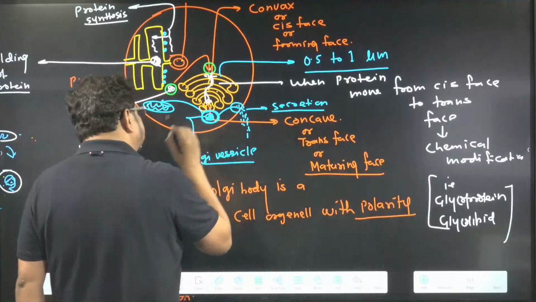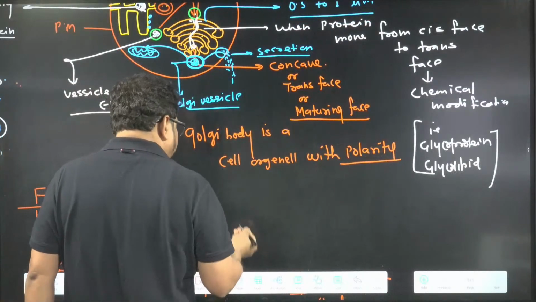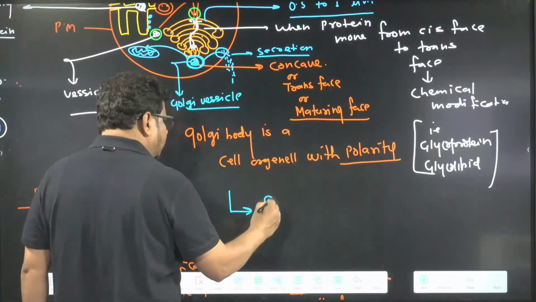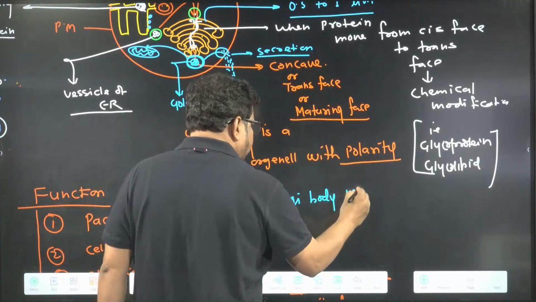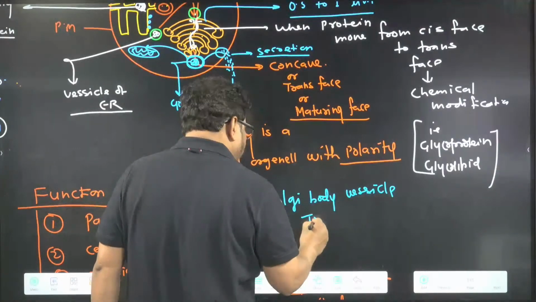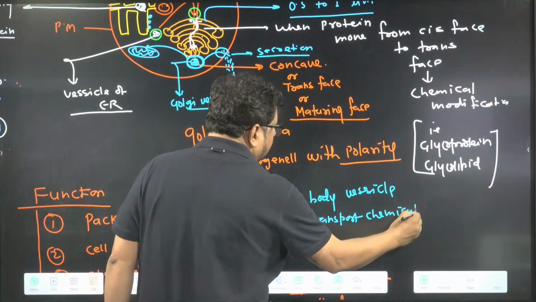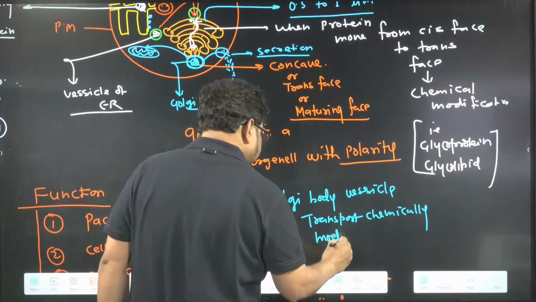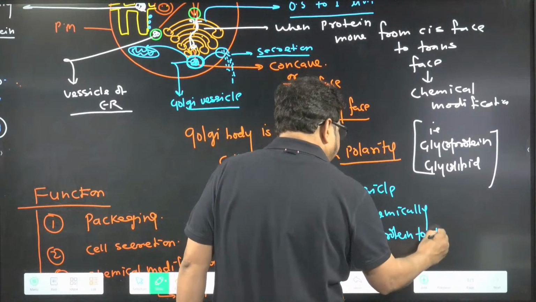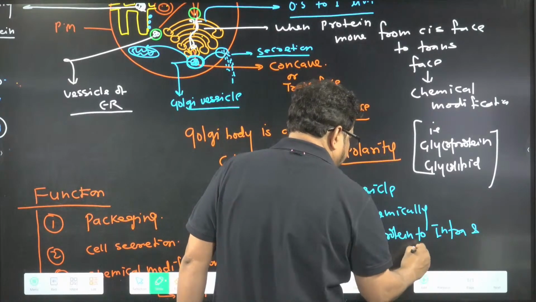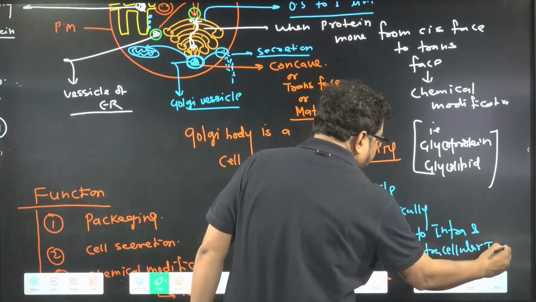So the Golgi body is the cell organelle that transports chemically modified protein and lipid either to intra or extracellular targets. So the Golgi vesicle transports chemically modified protein to intra and extracellular targets.